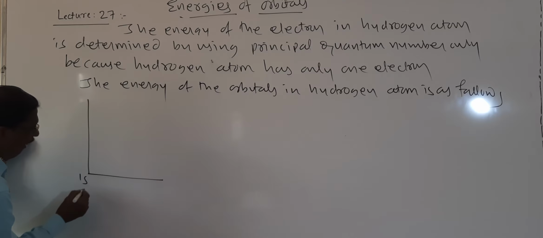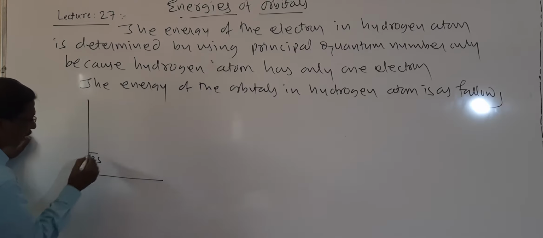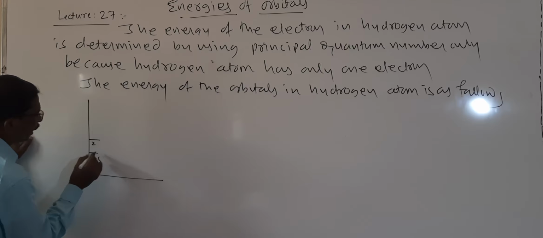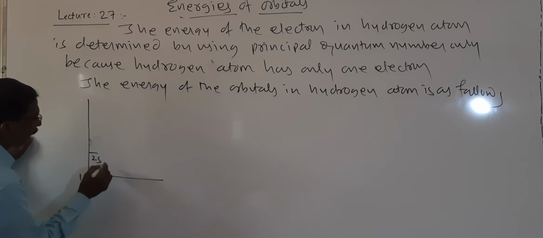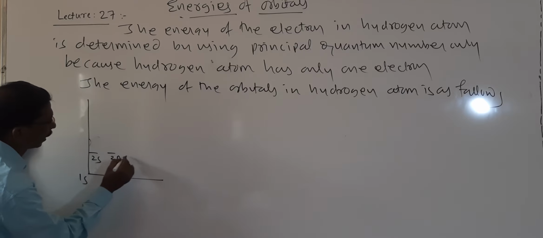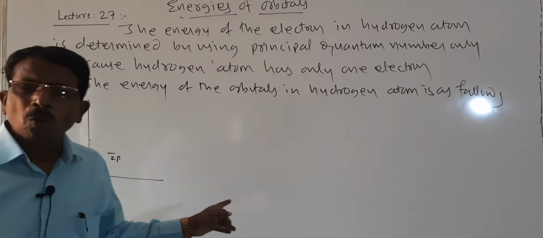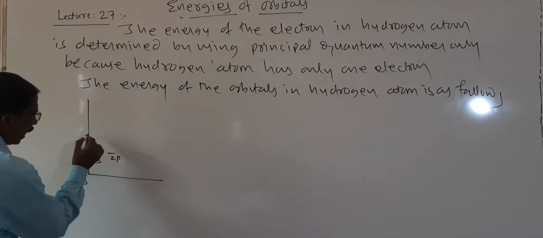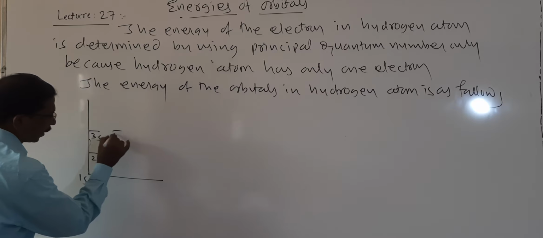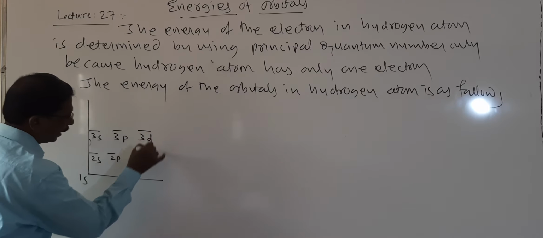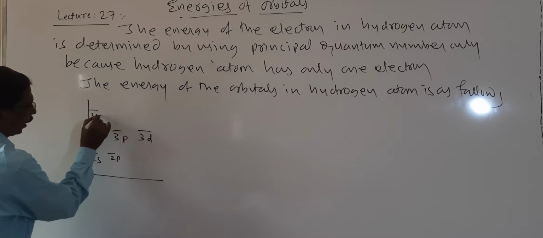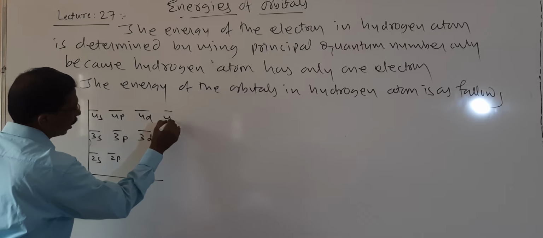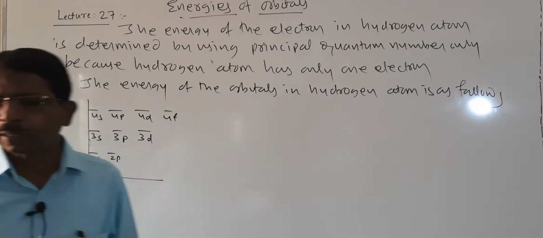It is 1s, it is 2s, and here it has 2p. Look here, after 1s you will get 2s, 2p, and then 3s, 3p, 3d, and then 4s, 4p, 4d, and 4f, like this.